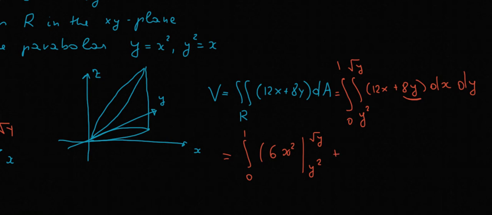And then plus, as I mentioned earlier, the integral of the constant term 8y will be 8y multiplied by the length of the interval of integration, which is square root of y minus y squared.